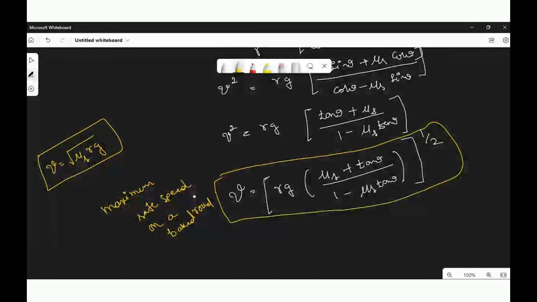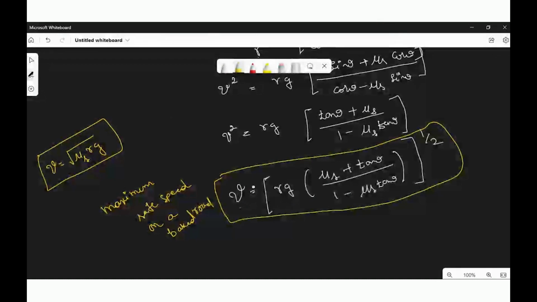Yes, sir. Obviously this v is greater than this mu s rg, definitely, correct? So by making the road banked, we have actually increased the safe speed, that is, for the vehicle to move without skidding.